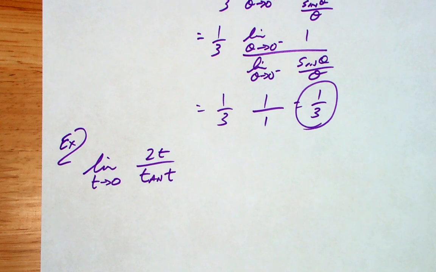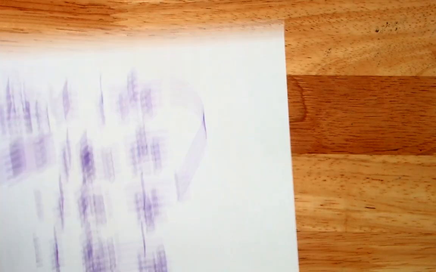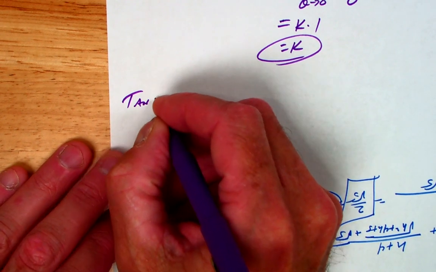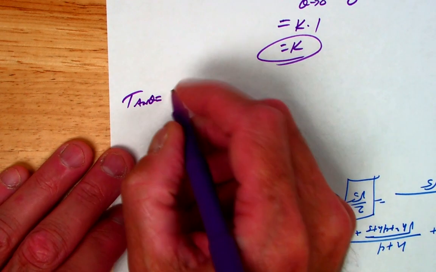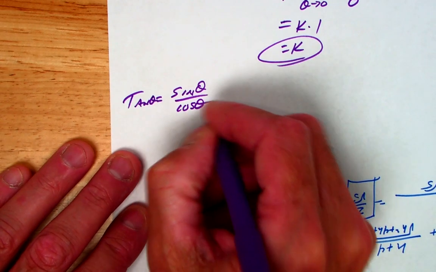Okay. So we're going to have to go back to our trigonometric identities and definitions and stuff. Let's go ahead and just review those real quick, okay? Let's find a little blank spot. Tangent is sine theta over cosine theta.